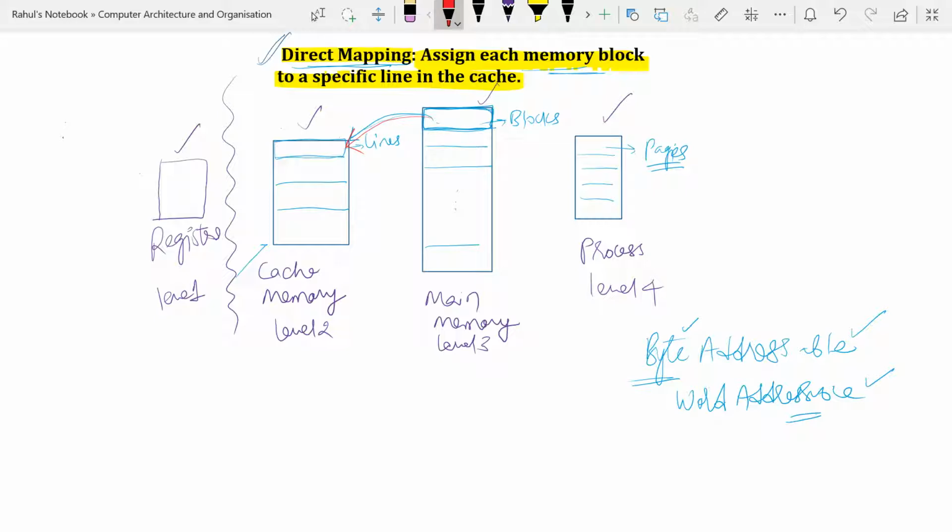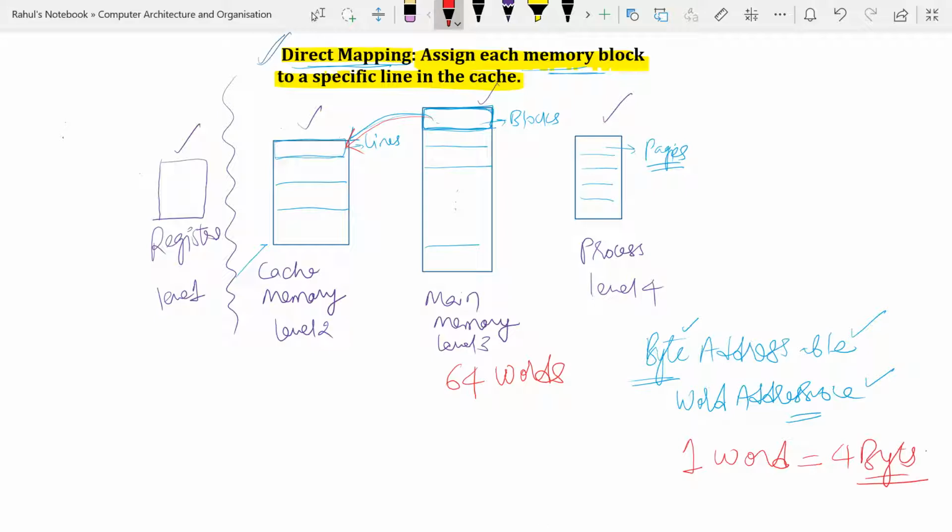Now suppose main memory consists of 64 words. Okay, then you should know that one word consists of 4 bytes.